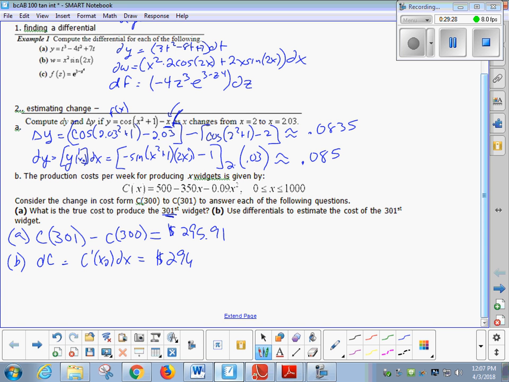So really the only way to get that 301st widget is to say what's the cost of 301 and subtract away the cost of the first 300. That therefore is the 301st. The difference must be how much that 301st cost, $295.91. If you use it in a differential form, based on the rate of change at that first instant, it would be about $296 for one more. So you can see the point of this is comparing the true change to how our estimate would come out, and our estimates are pretty good. You with me? All right. Okay.